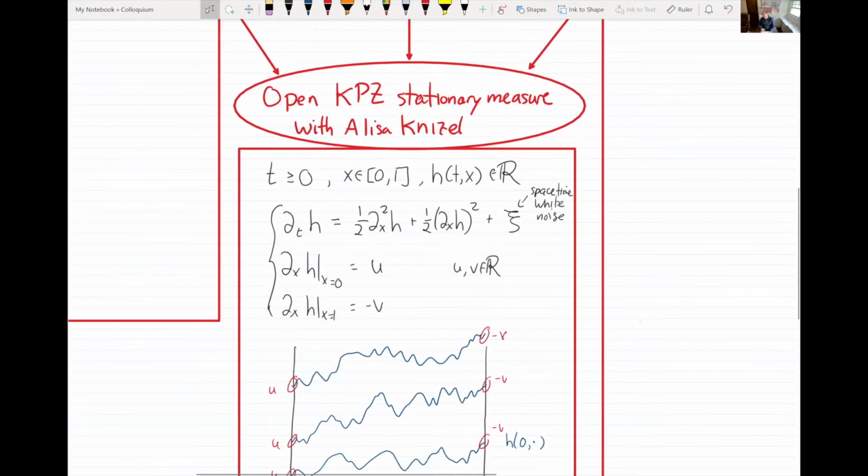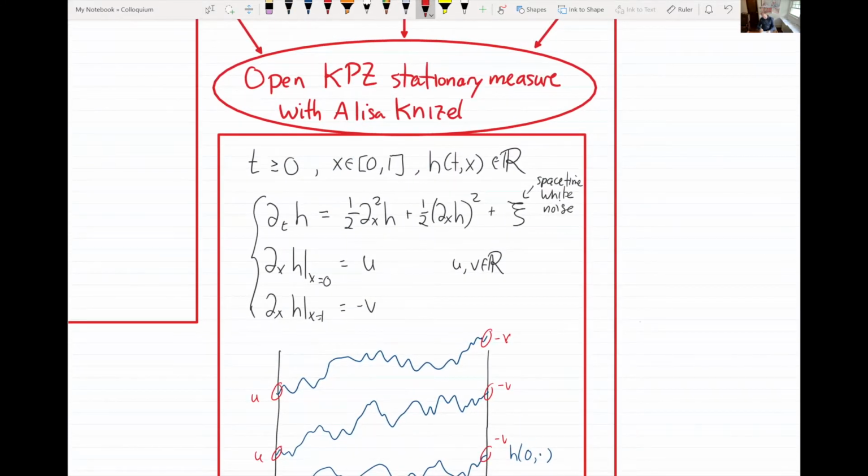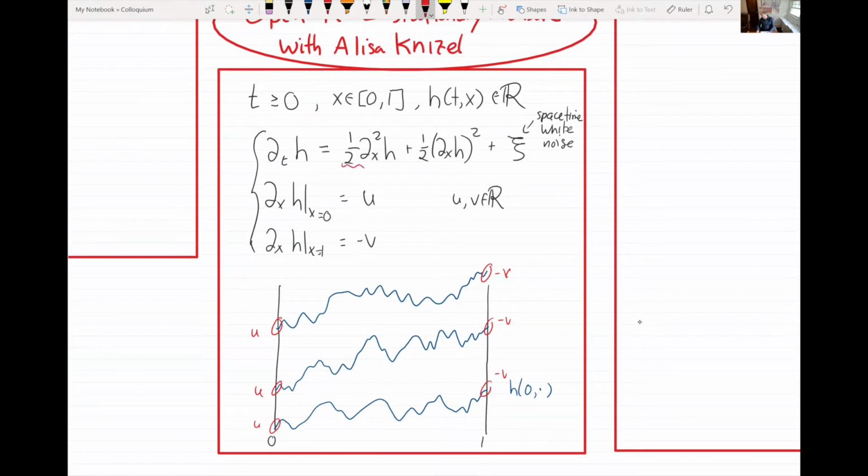What I mean by that is, the meaning of each of these terms: this is some sort of smoothing term. You have a growth and it's smoothing itself over time. This is some sort of mechanism for lateral growth, saying that you tend to grow in the outward direction, or with a slope dependent rate. And this is the noise that's driving the system.